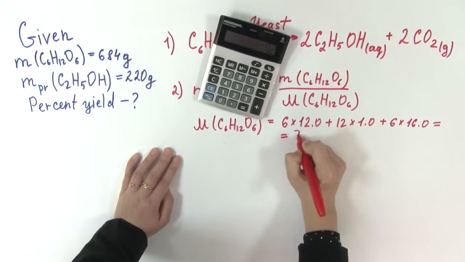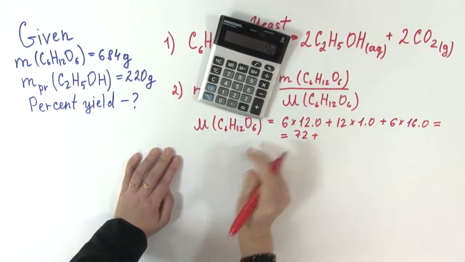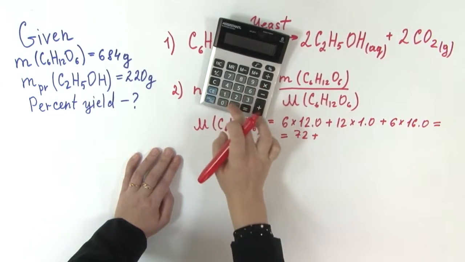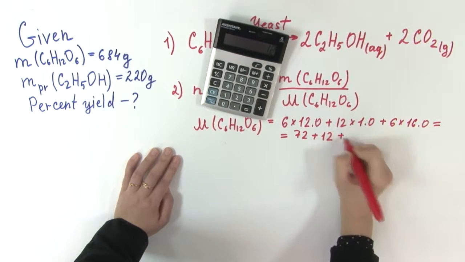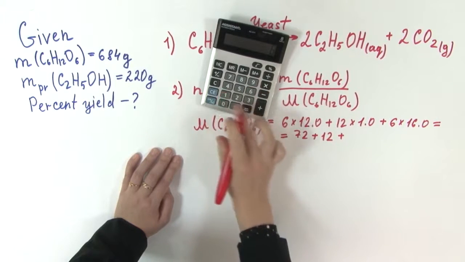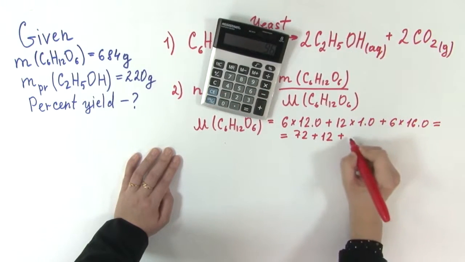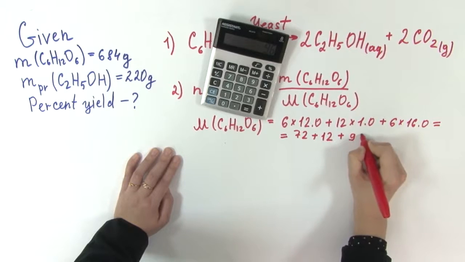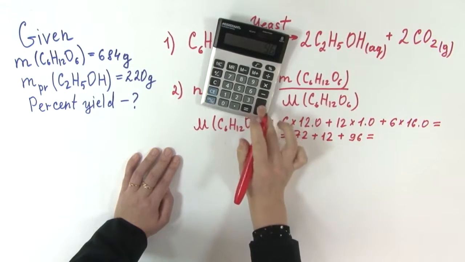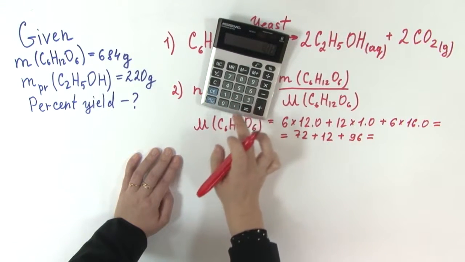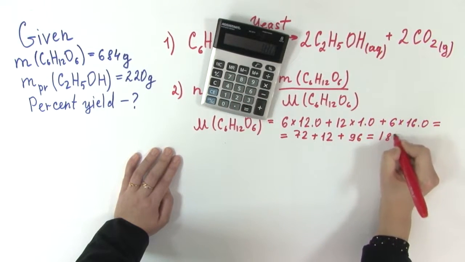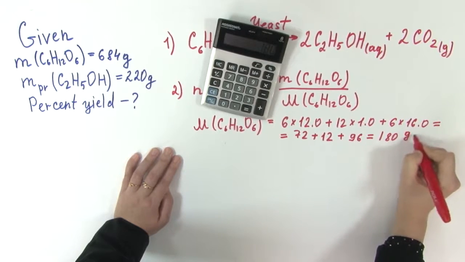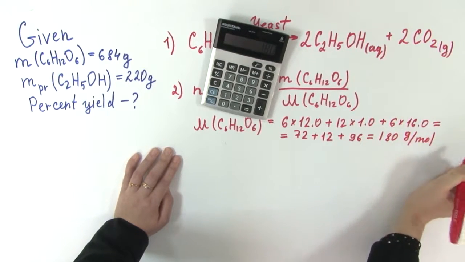So 72 plus 12 plus 96, 180 grams per mole.